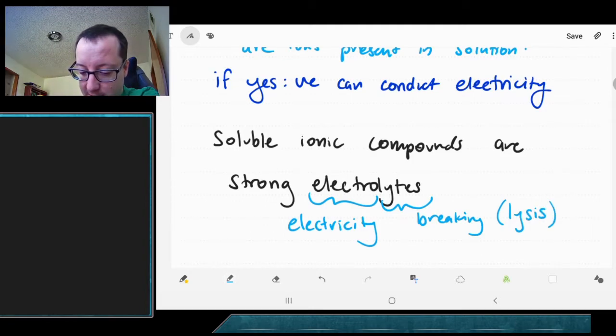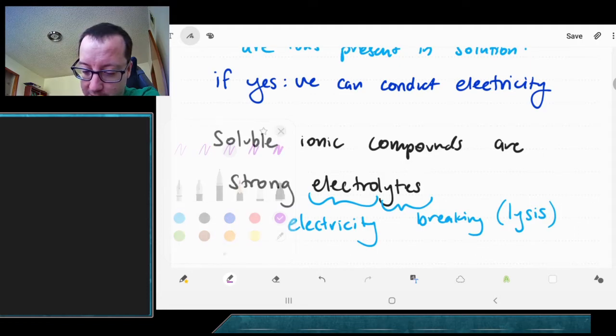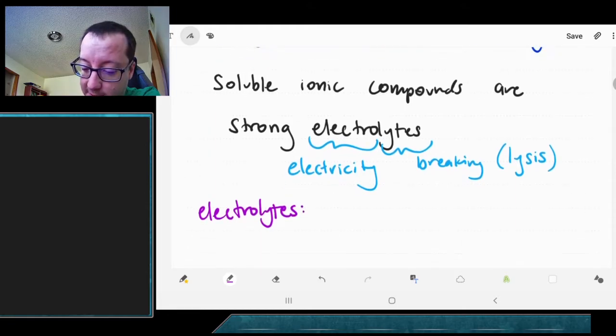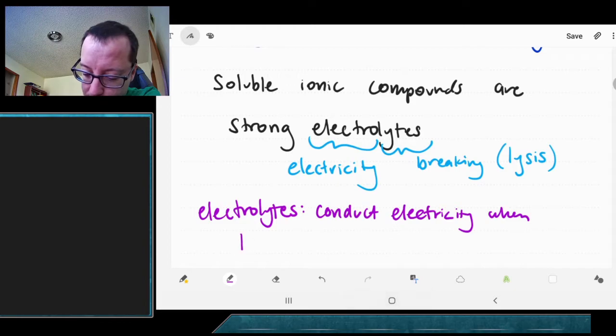And so we see that this word, electrolyte, means they conduct electricity when broken or separated apart.